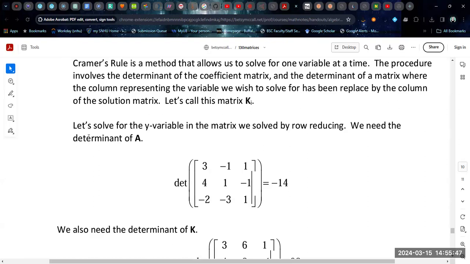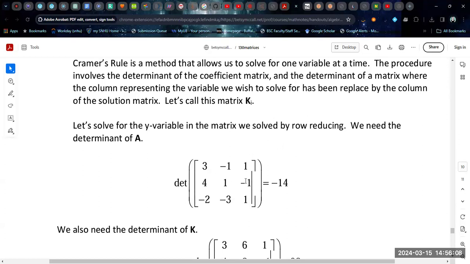Depends on the penchant that your professor has and what's in the syllabus. But let's solve for the y variable in our matrix. Cramer's rule is nice because it allows you to solve for one variable at a time. You don't have to solve for all of them. You can just solve for one of them.